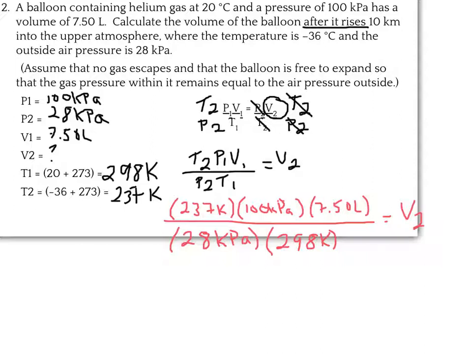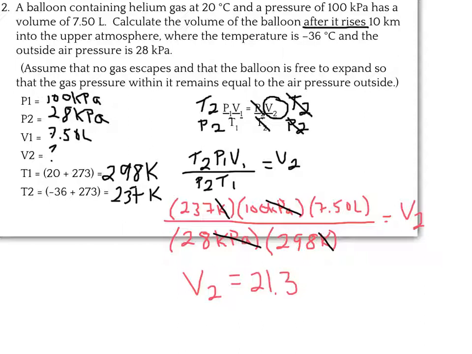If you look at the units here, my Kelvin will cancel out, my kPas will cancel out, which means the unit of my volume, the only one left, is liters. What I need to do here is 237 multiplied by 100 multiplied by 7.5 divided by 28 divided by 298, and my V2 is going to equal 21.3.